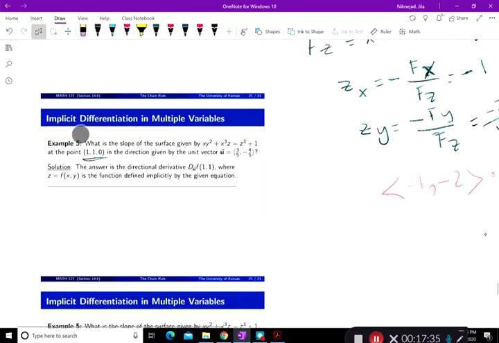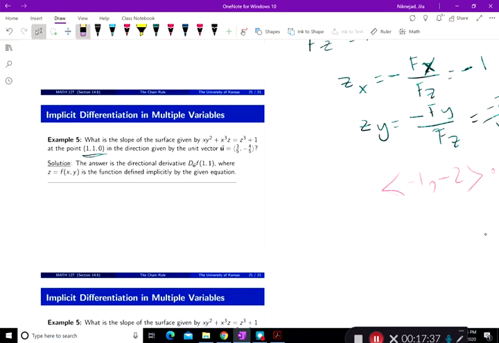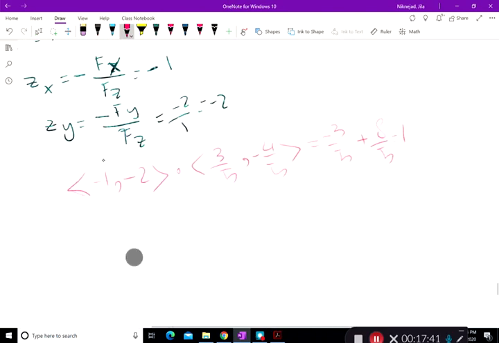Therefore, the directional derivative in the direction of (3/5, -4/5) is going to be 1.